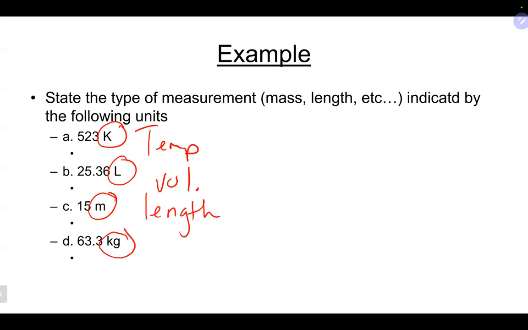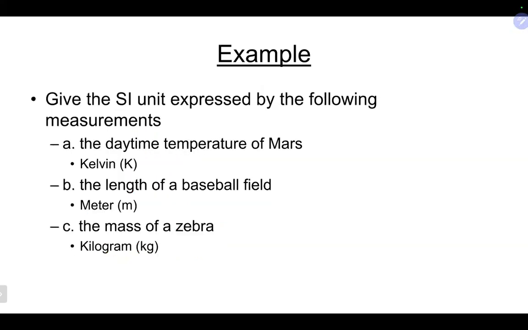And kilograms would be a unit of mass. So again, it's really important to understand the relationship between the unit you're looking at and what it basically represents in terms of a quantity of a measurement. So I don't want to hear anybody say my mass was 40 meters, right? Or anything like that. Or 40 milliliters or something like that. All right, that was that one, I think.